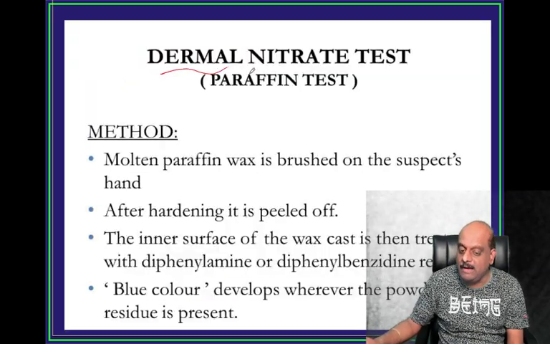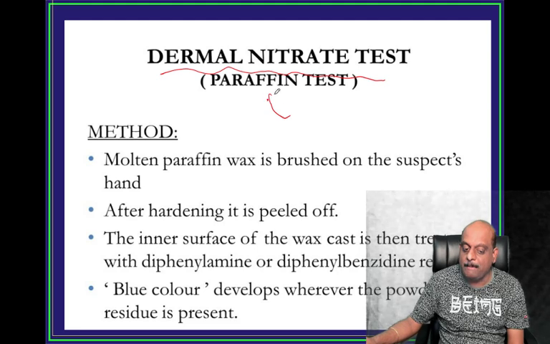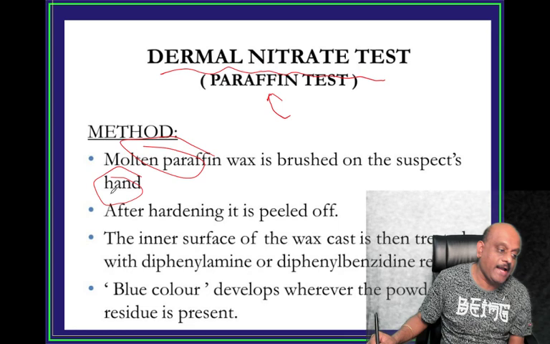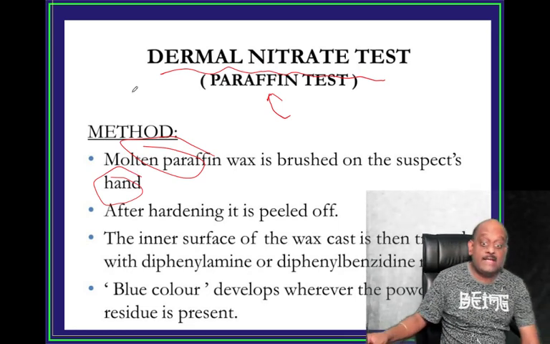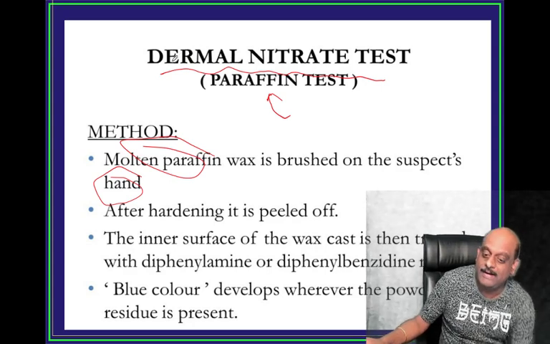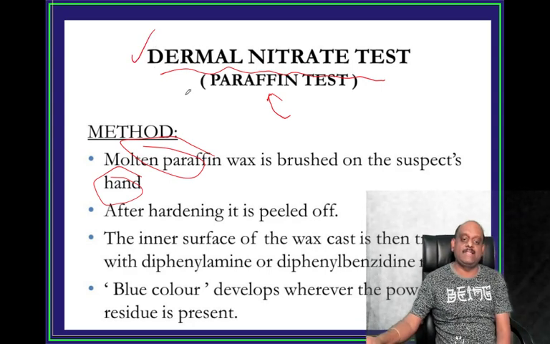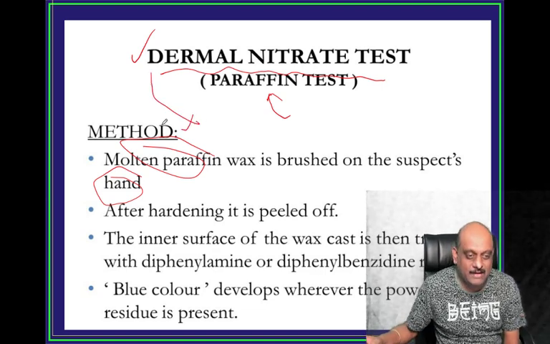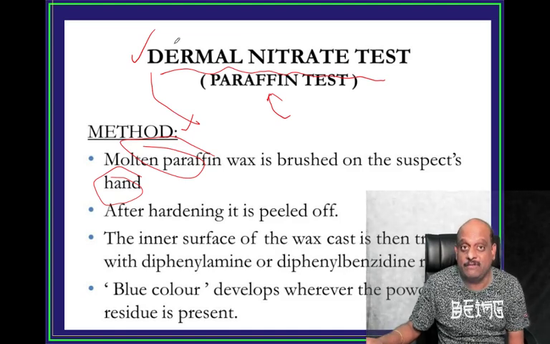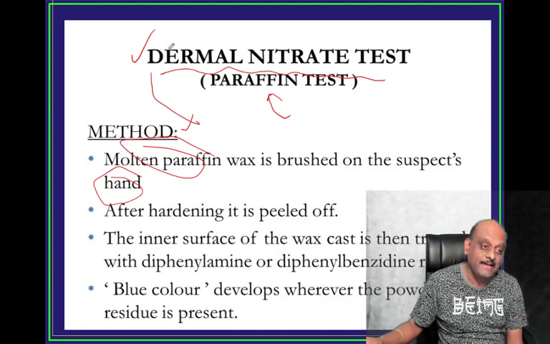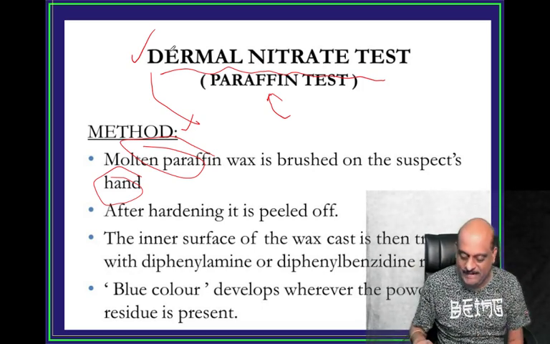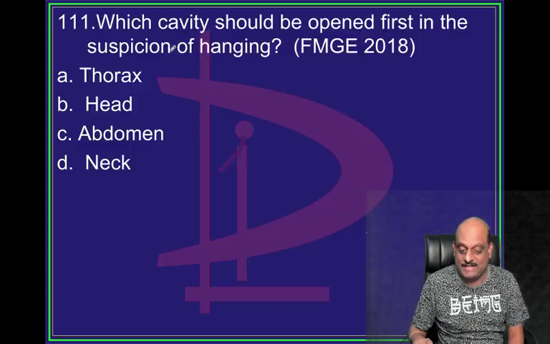So we use the dermal nitrate test, otherwise called the paraffin test, where molten paraffin wax is brushed on the suspect's hand. There is a very famous case of John F. Kennedy's assassination. There are a lot of documentaries on the conspiracy of how he was assassinated. You have them on Netflix and YouTube. Just after the exam, you can review that.